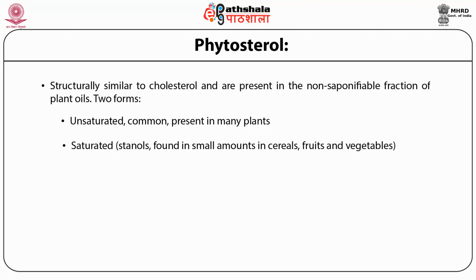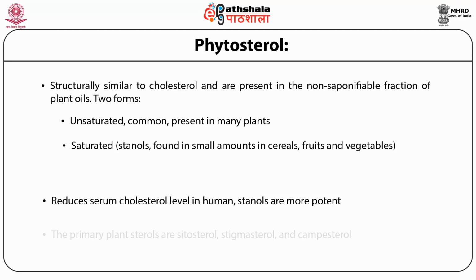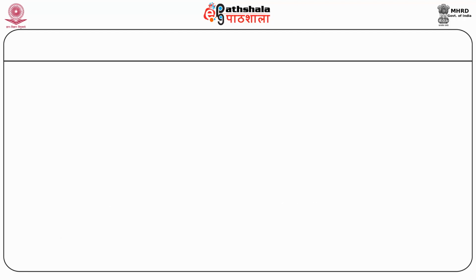Phytosterols are not synthesized in humans. They are poorly absorbed and excreted faster from the liver compared to cholesterol, and due to their structural similarity to cholesterol, they compete with cholesterol absorption from the intestinal tract and reduce the serum cholesterol level in humans.